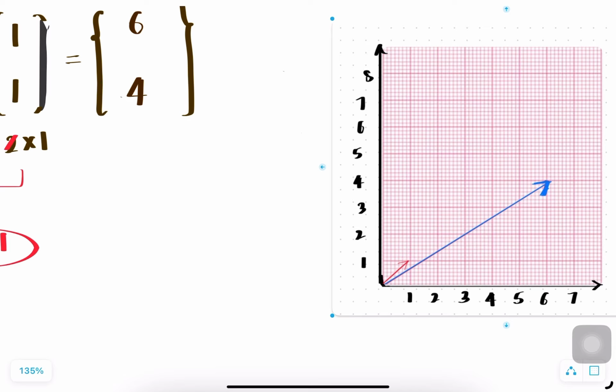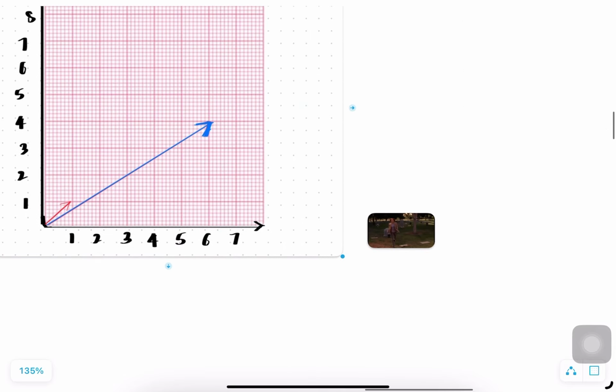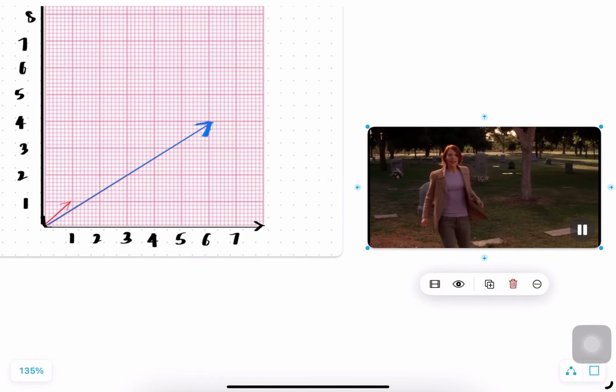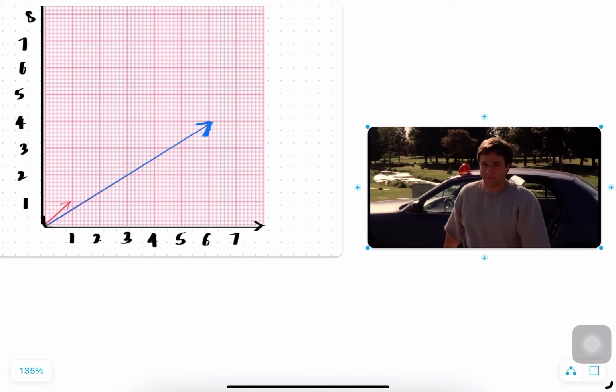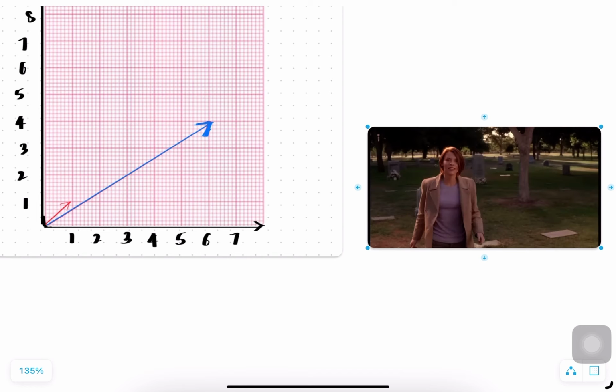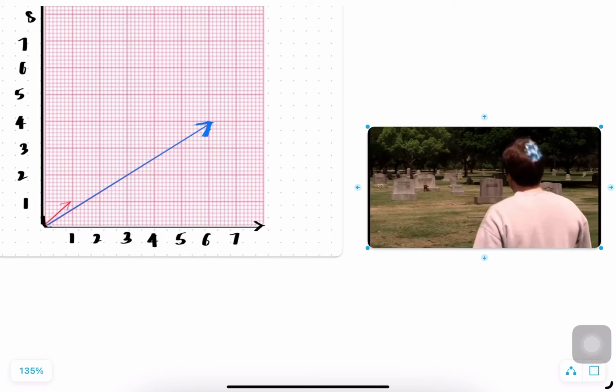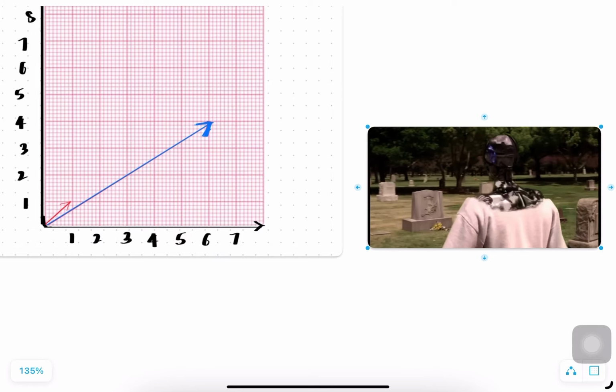Just to make sure that we remember this concept, here we go. When a matrix hits a vector, it completely transforms the vector just like this.